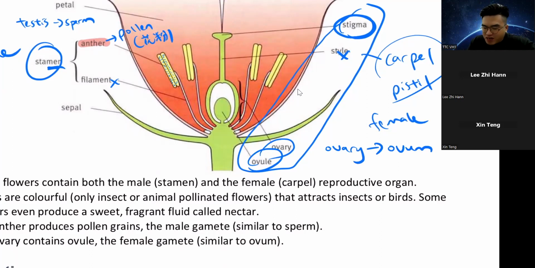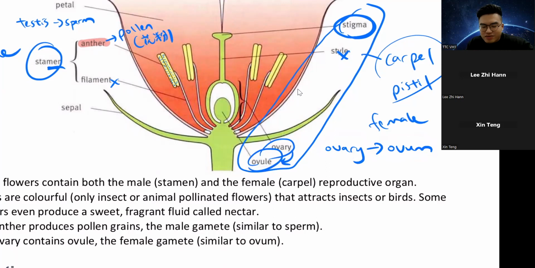But for flower, it's ovary producing ovule. Can you see the name is very similar? Ovum, ovule. Ovum is for human. Ovule is for plant. They are the same.